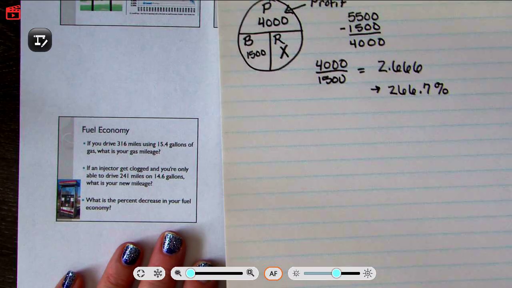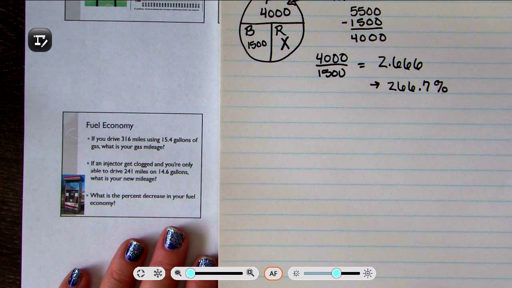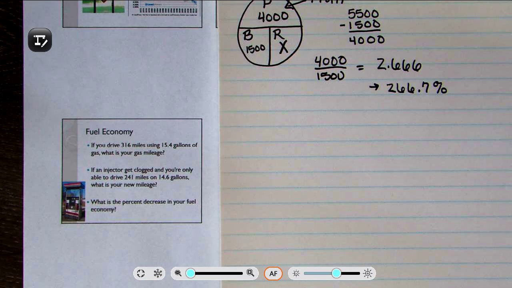Let's do this fuel economy. If we drive 316 miles using 15.4 gallons of gas, what is our gas mileage? Now gas mileage is miles per gallon.